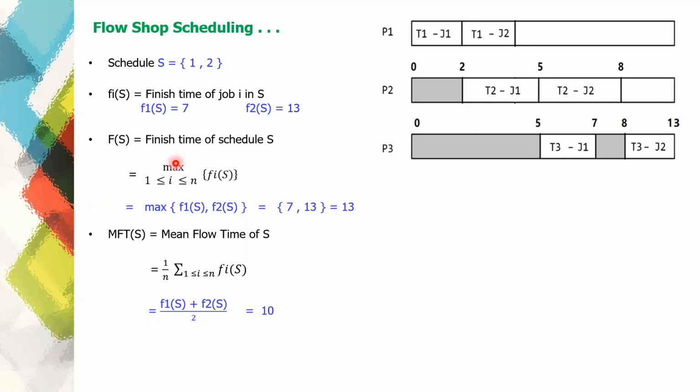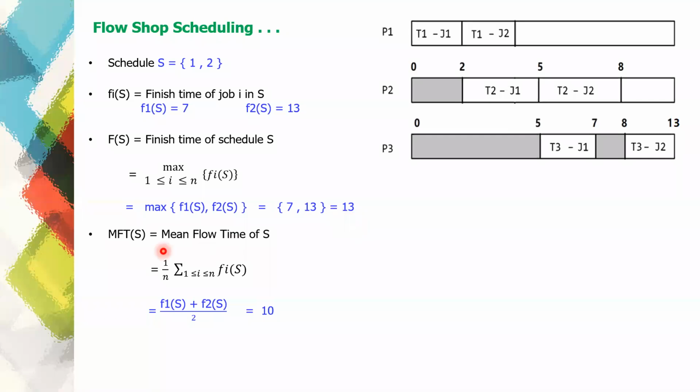Now, what is the finish time for the total schedule? Not individually for each job, but for the schedule, what is the finish time? Now, you consider this 7 and 13, whichever is maximum among these two, that will be taken as the finish time for the schedule.